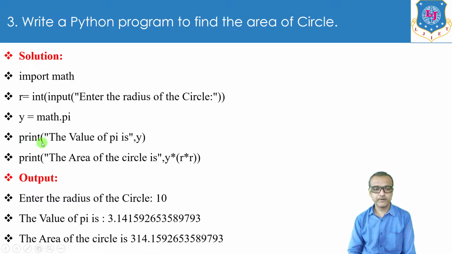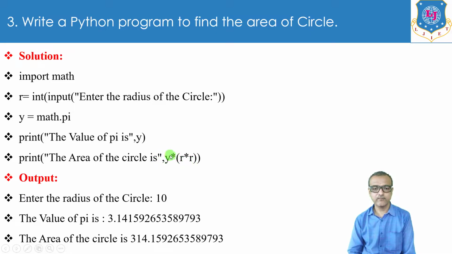Now print the value of pi is comma y. So with the help of this print statement, we will print the value of pi. Now print of the area of the circle is comma y star r into r.